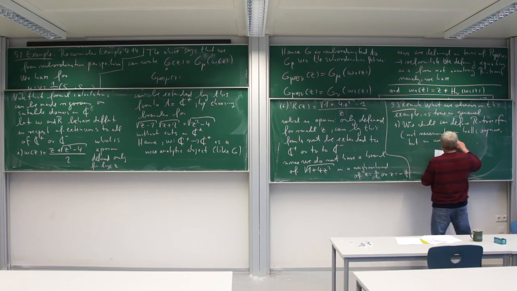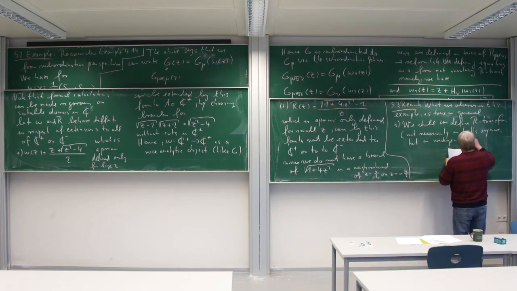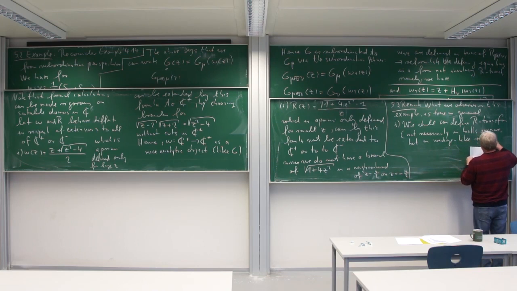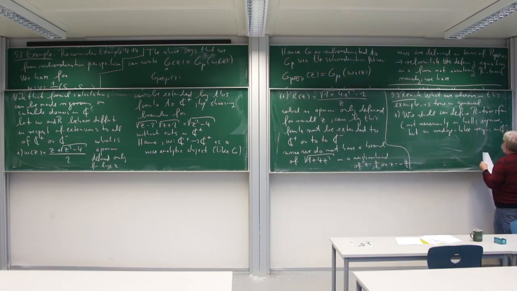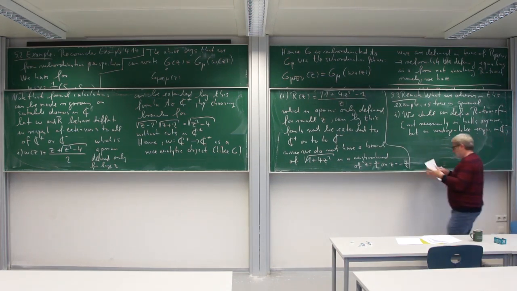And I will be more precise about this soon. Wedge-like regions. And as I said, in principle, we would like to have it in C minus. So there are some regions in C minus where we can define it, but from there it cannot be extended analytically to all of C minus. At least not in general.